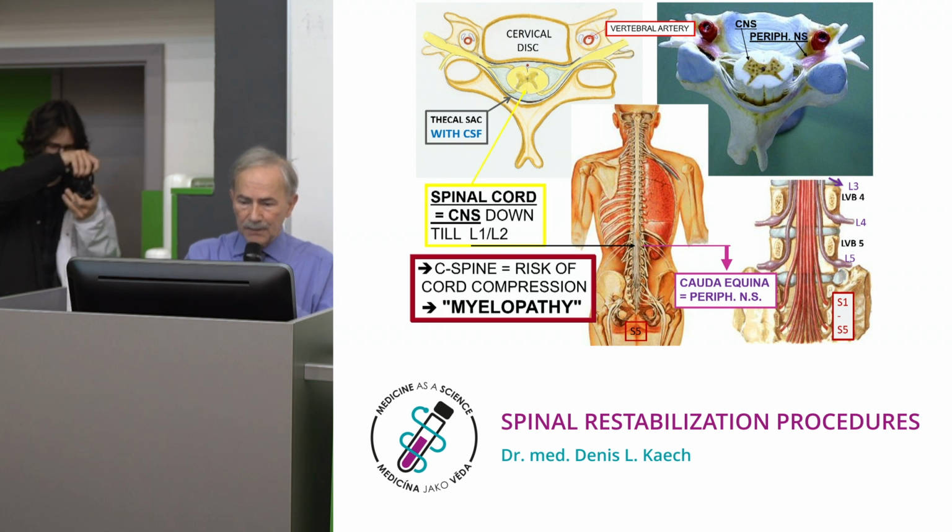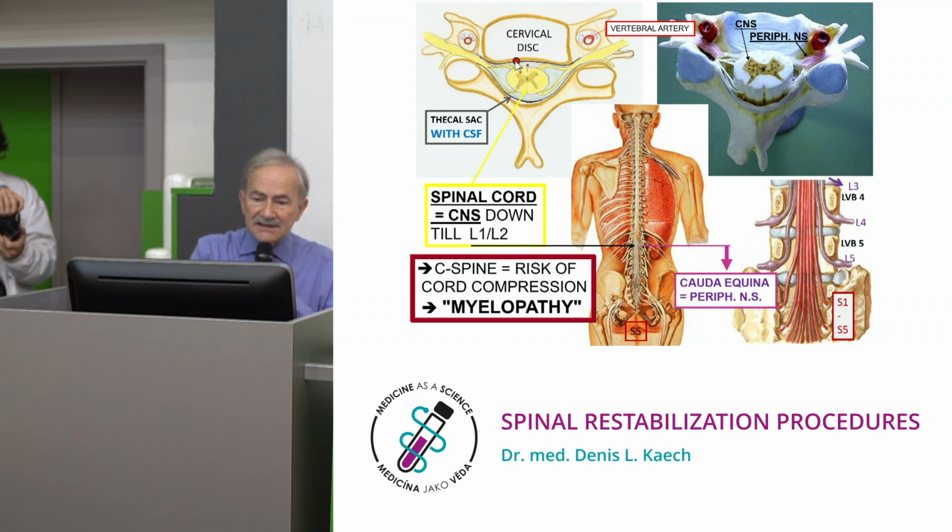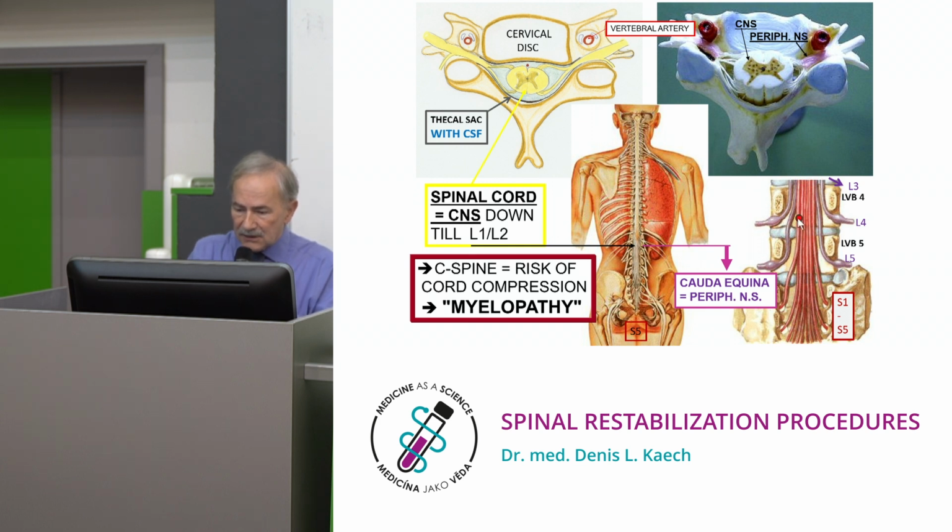neurological function. Here up in the cervical spine, you have the cord, the exiting nerve roots, and you have CSF, cerebrospinal fluid, very important, around, as an isolating and protecting fluid layer around the central nervous system here. And down, you have the cauda equina with the exiting nerve roots.